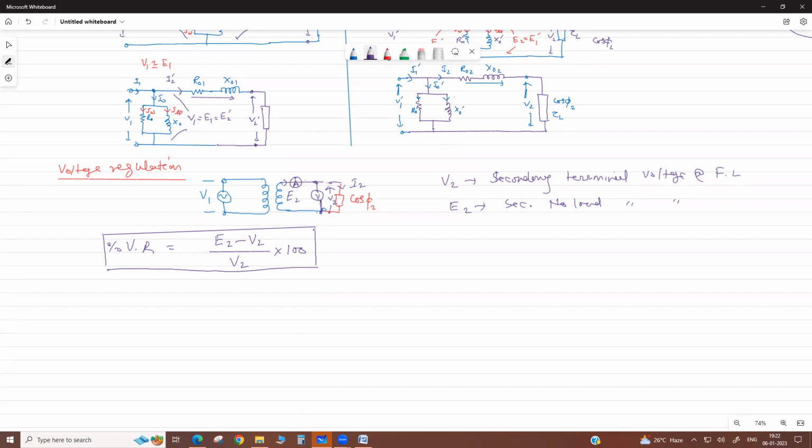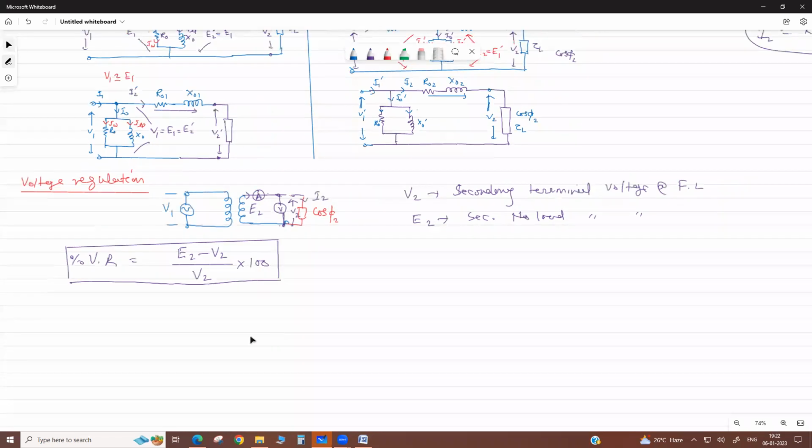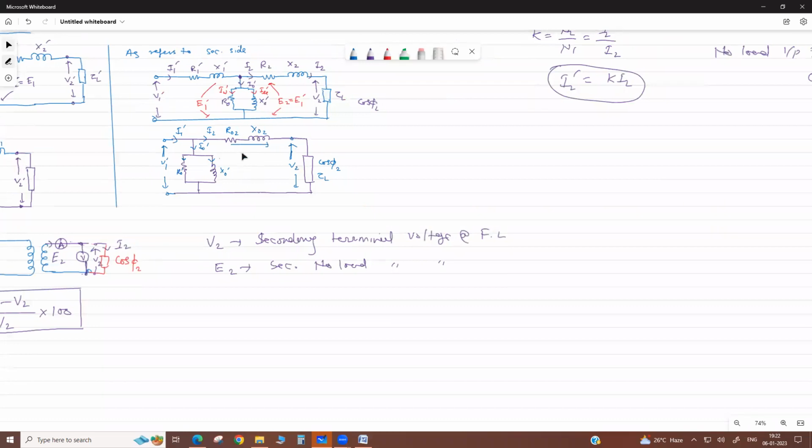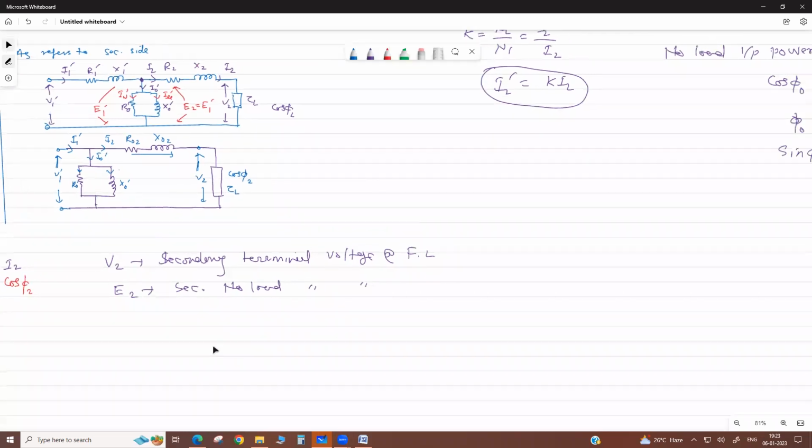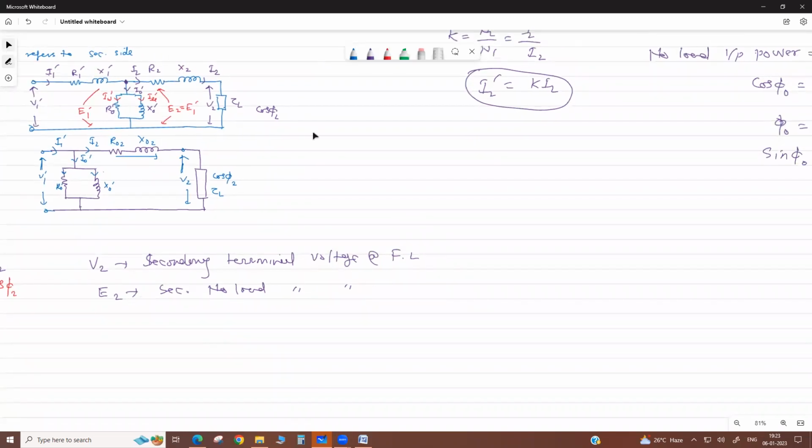Correct? Very simple. Now from the equivalent circuit parameters or the vector diagram, we can calculate the voltage regulation. Today I explain this; it is very important. We draw a phasor diagram. Suppose this is the circuit as referred to the secondary side.